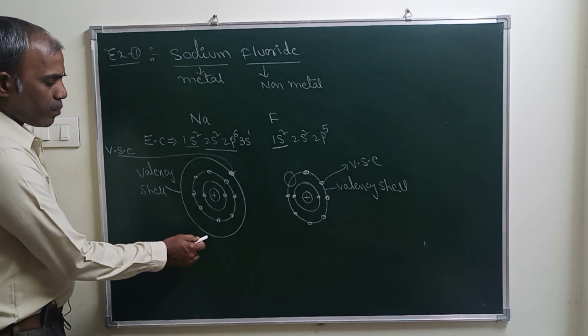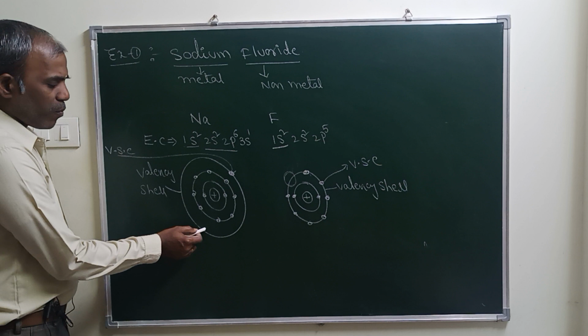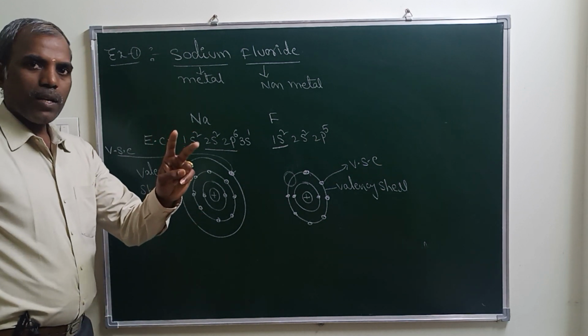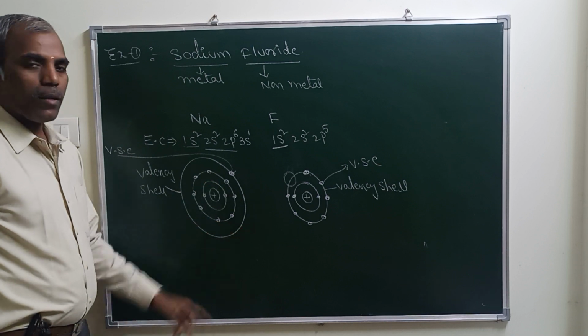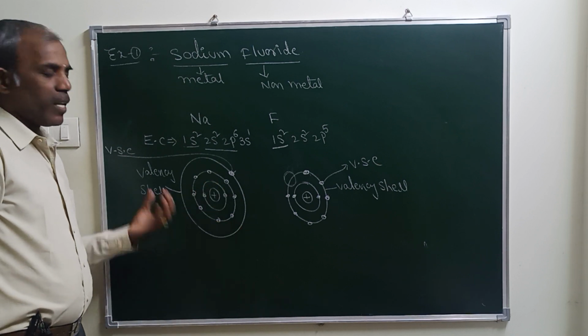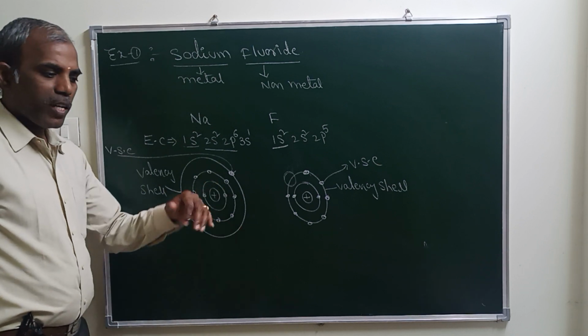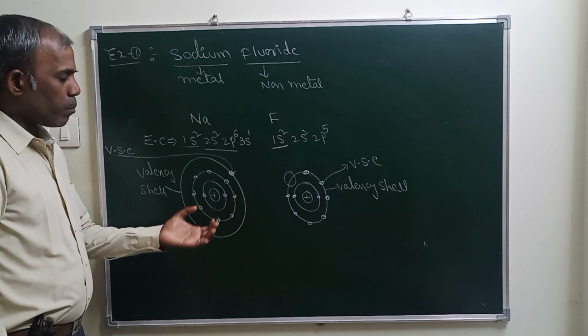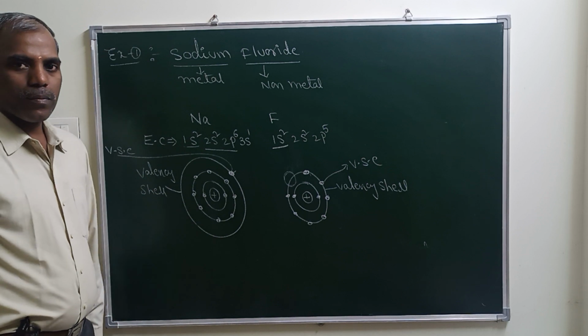So to attain stability there are 2 ways: losing 1 electron or gaining 7 electrons. Which one is more preferable? Losing 1 electron is more preferable compared to gaining 7 electrons.